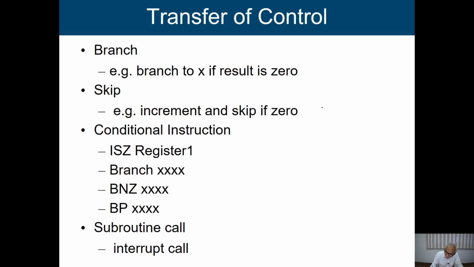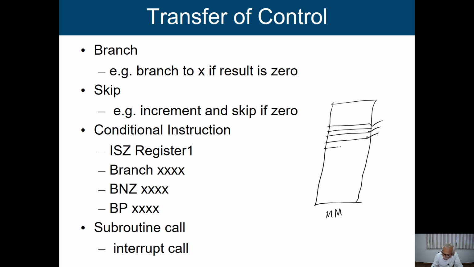Now what will happen? When I have a program and we are going to execute it, we know that I am storing my program in the main memory. In general, I am going to execute the instructions one by one, fetching them from the next memory location. But due to some situation, say I am executing instruction I, and the next instruction is I plus 1.